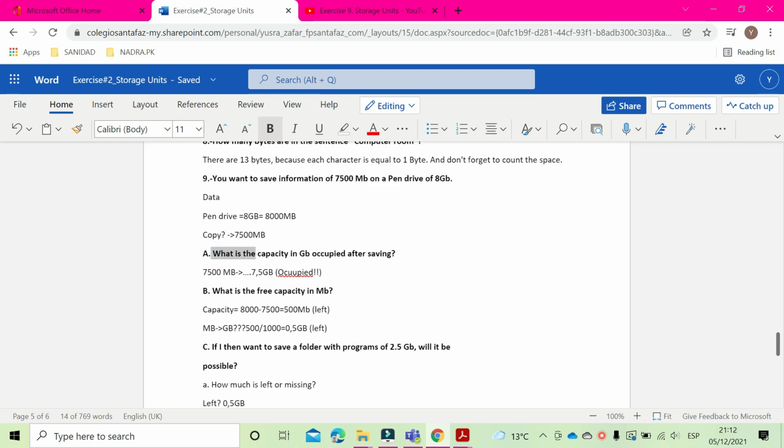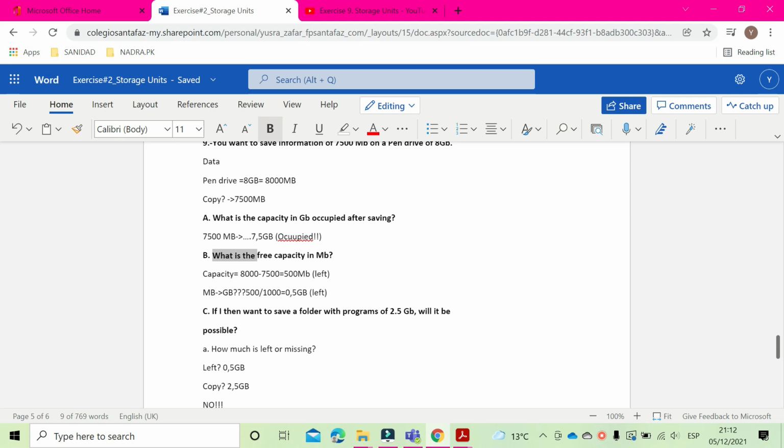What is the capacity in gigabytes occupied after saving? 7500 MB is equal to 7.5 gigabytes. This is the occupied space.